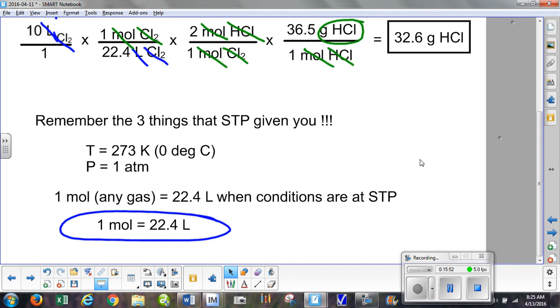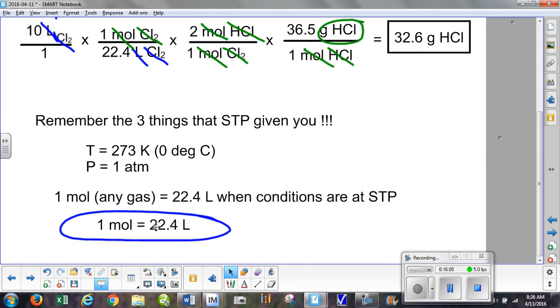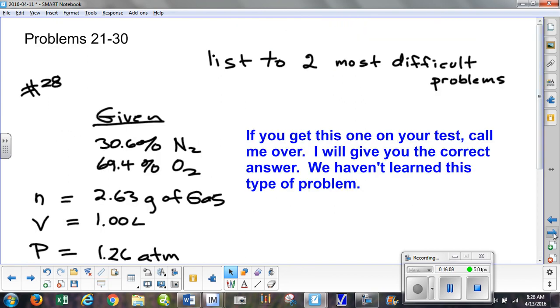Because it was given as STP. STP should have really been up here as part of the given. It was another thing that we don't actually use per se in the calculation, but it gave us this wonderful fraction right here.